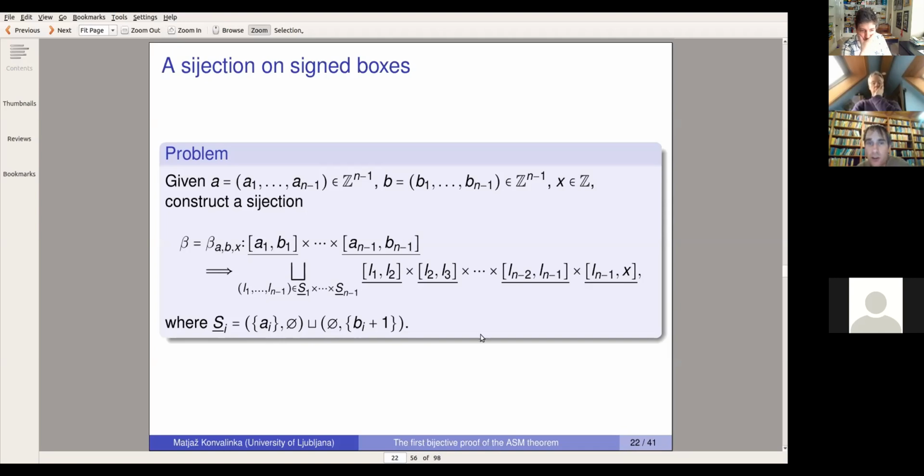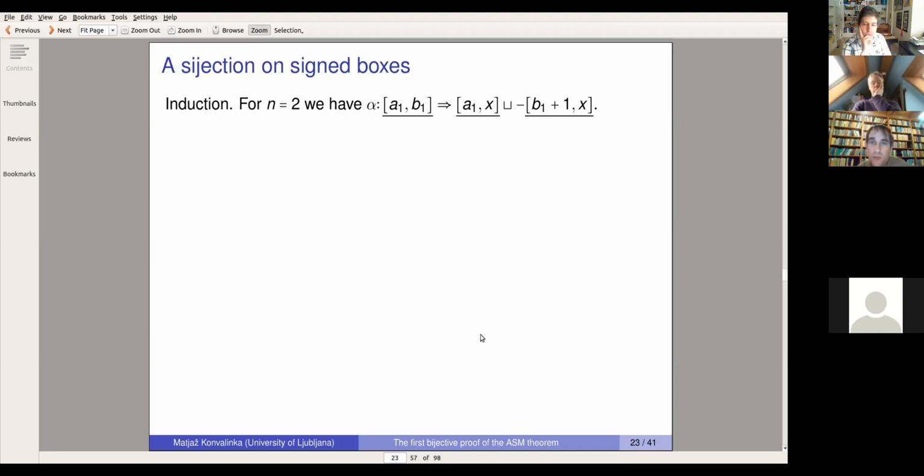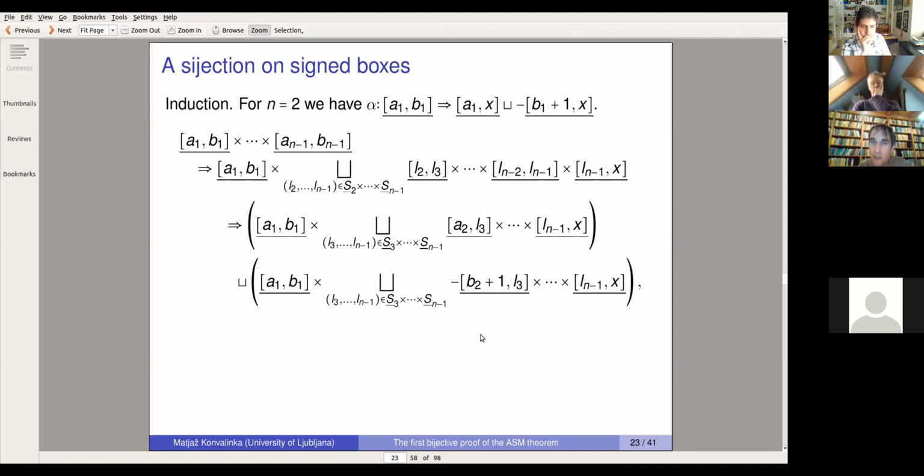So how do you prove this? Well, for n equals 2, this is just the map alpha that I described. So this is the base of induction, and then you can use induction, right? So you want a sijection from this Cartesian product, but you already know the sijection from the Cartesian product of the last n-2 of them. So you use induction. And then, well, L2 is in S2, so it is either equal to A2 or it is B2 plus 1.